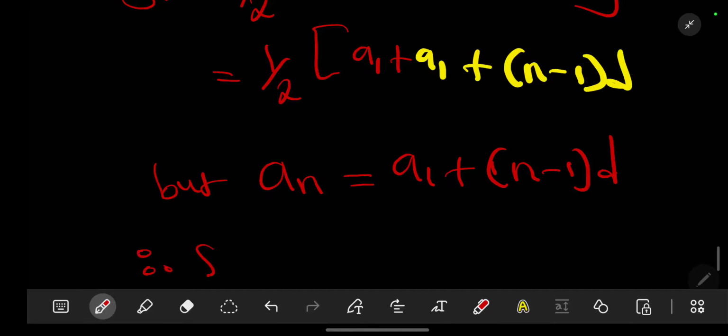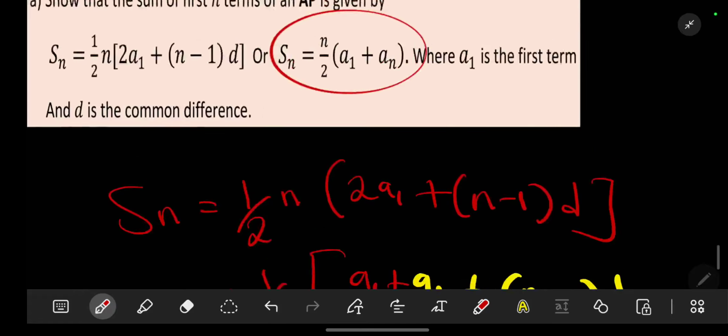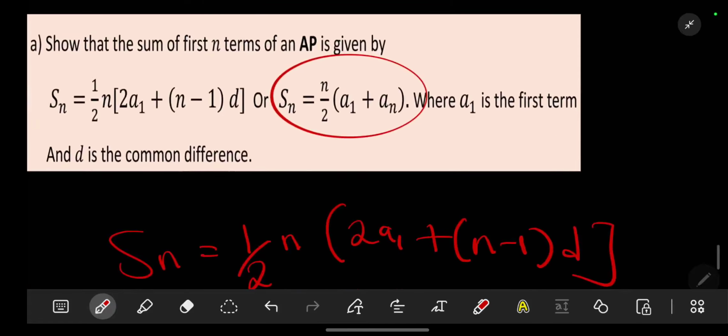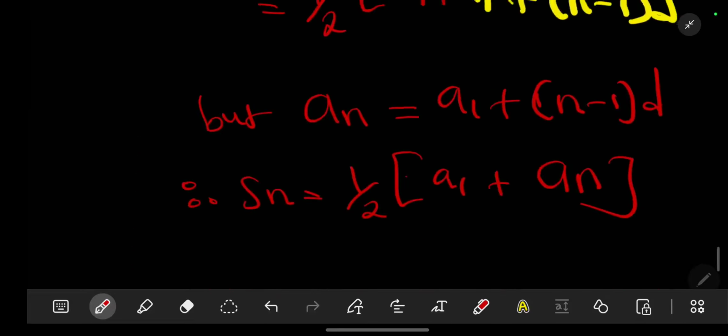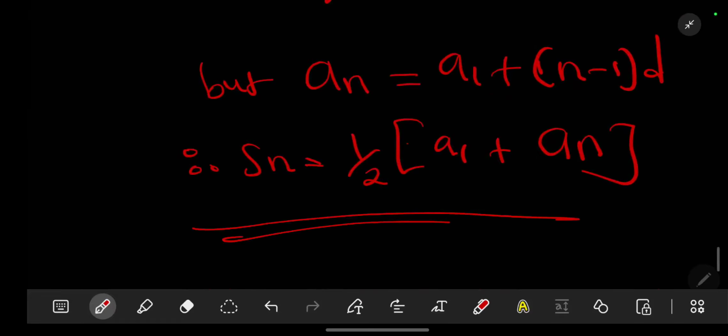Therefore, this means that Sn is equal to half times our a1 plus the an, like that, where a is the first term and d is the common difference. So that's basically how we show that.